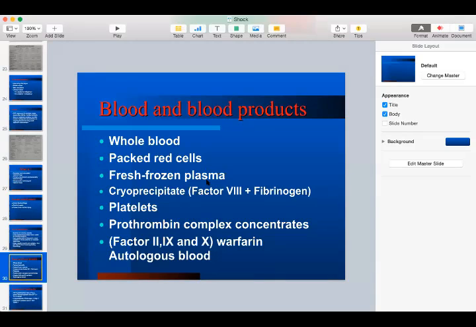Fresh frozen plasma has all the clotting factors. Cryoprecipitate, factor 8. Then you have platelets, and then prothrombin complex concentrate as well. And then we have factors 2, 9, and 10, which are the factors that are decreased because of warfarin. Patients are given warfarin, so what's going to be affected is factors 2, 9, and 10, along with proteins necessary.